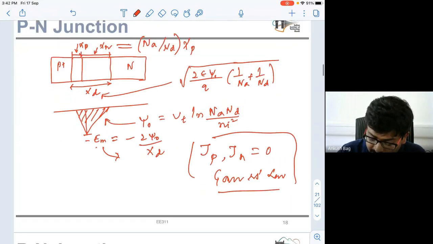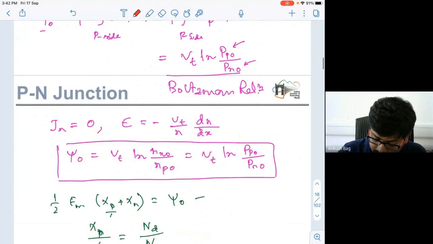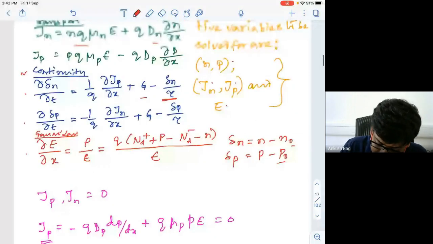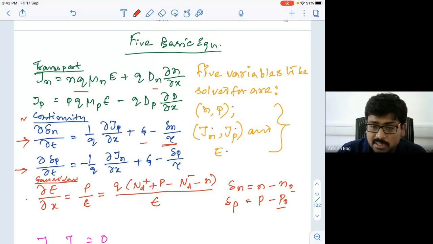Now remember, in this equilibrium condition, we have not used the continuity equation. Remember this continuity equation, because in the equilibrium condition the continuity equation is the trivial equation because on both sides we have 0.